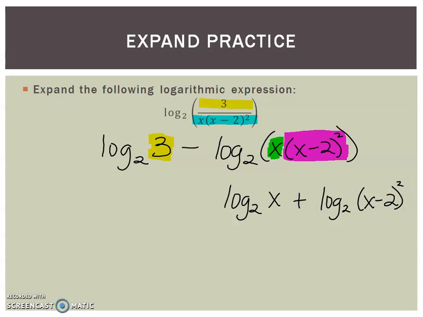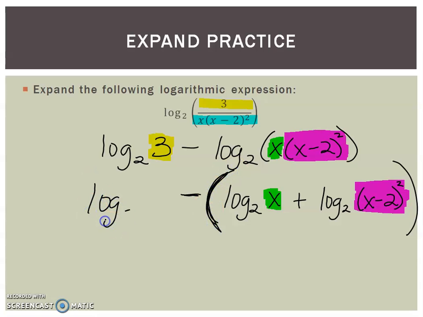We split those up. They're being multiplied, so we split them up using our addition. However, this whole logarithm that we just split up has a negative out in front, which means that negative has to go to everything that we just split up.